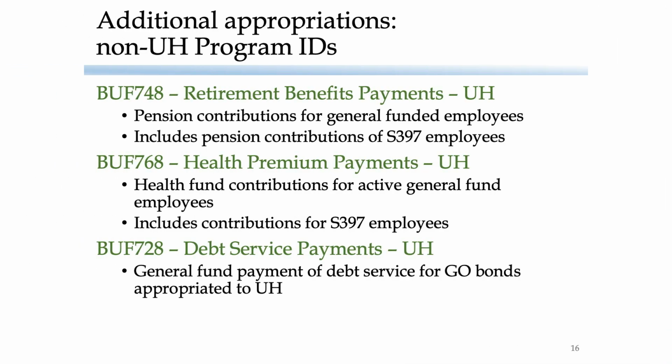Now, what's not included or not overtly obvious in those last two slides is how much funding and support is provided from the state that is actually not money given to the University of Hawaii directly.